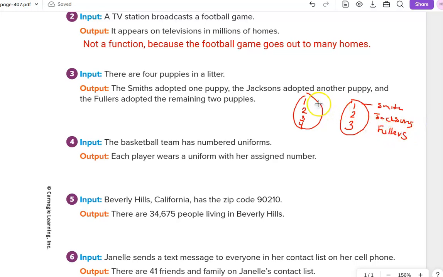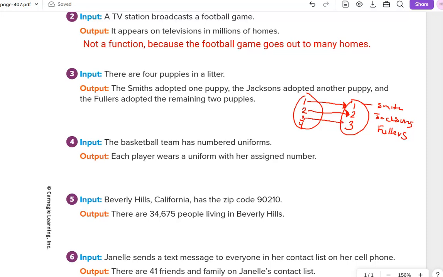Remember, we can have multiple inputs going to one output, but we can only have one output for each input. So let's see. Puppy 1 goes to the Smiths. Good so far. Puppy 2 goes to the Jacksons. Good so far. And then the remaining 2 puppies go to the Fullers.